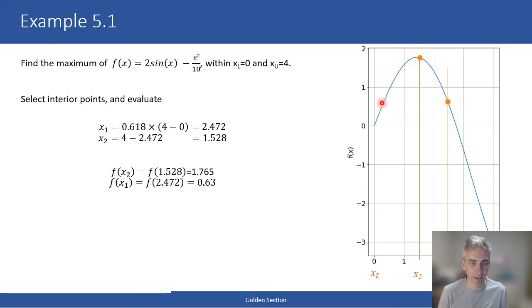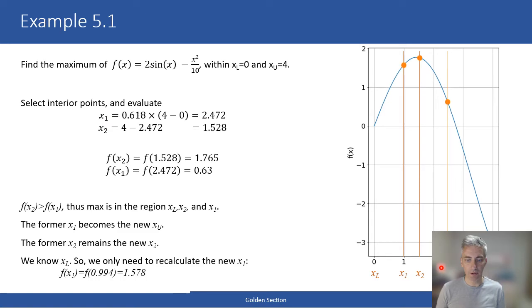So we know the peak is going to be in this section of the graph, and we can discard the upper value of x. So x1 can become our new upper value. Our new upper bound of the interval is our old x1 value. So the former x1 has become the new x upper.